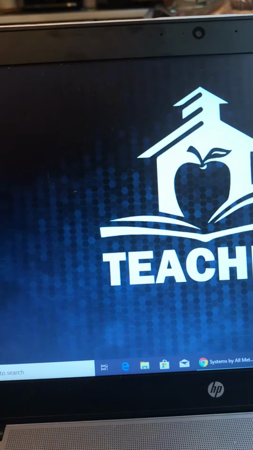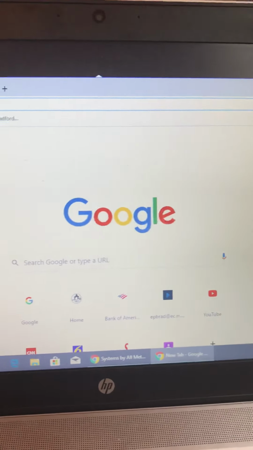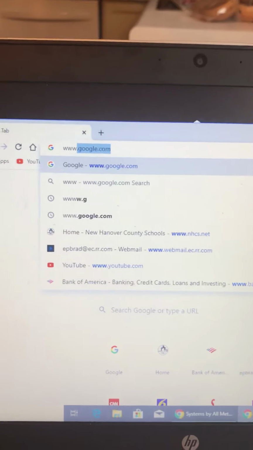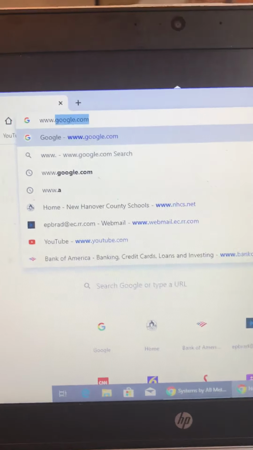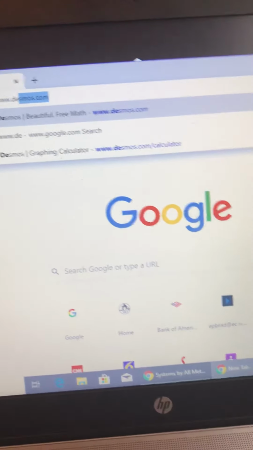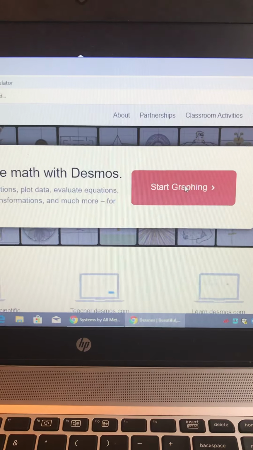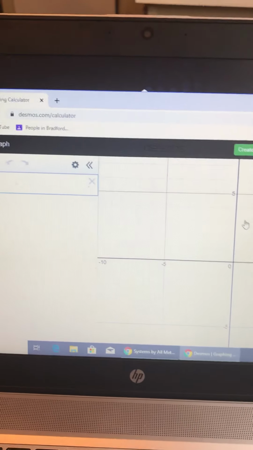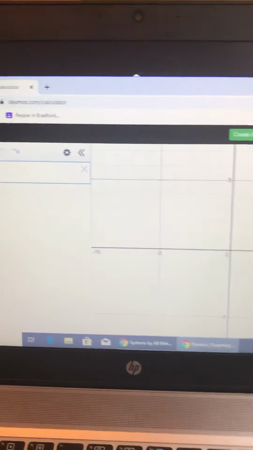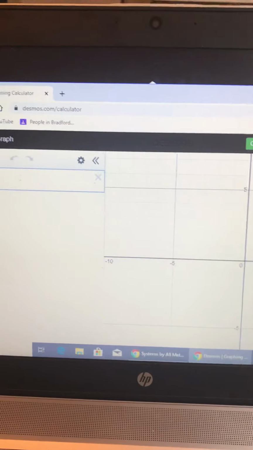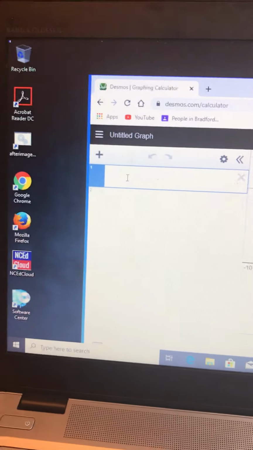I'm going to double click, get into the browser, go to www.desmos.com, and up pops a graphing program. We notice it's got our nice graph there, and it's got a place where we can enter our system.